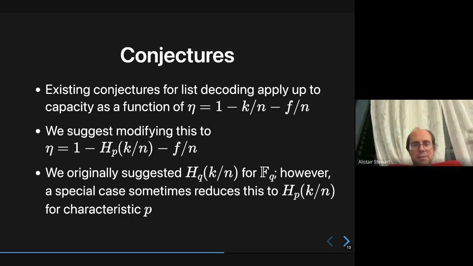What we believe is true for prime fields, if we're not dealing with binary fields, which we really have no clue about, is that if you have these 2 to the 32-bit primes, then probably what you want is just to have HP where p is the characteristic. This will lose you maybe 1 in 32 from the fraction of errors you can cope with, which is not too bad.